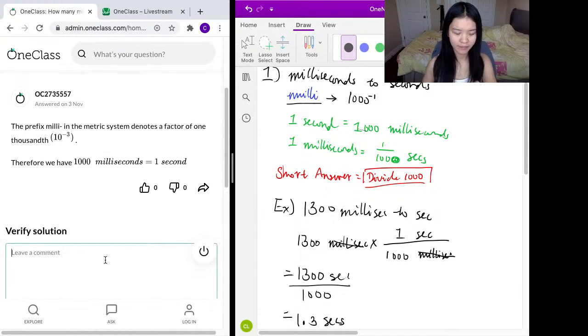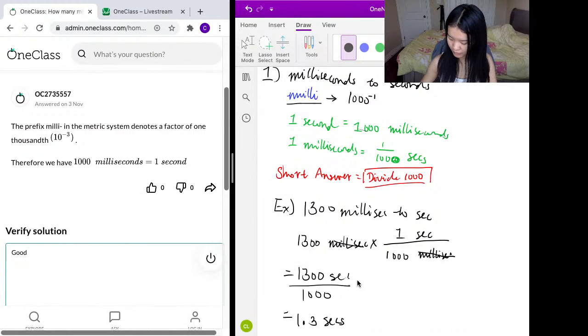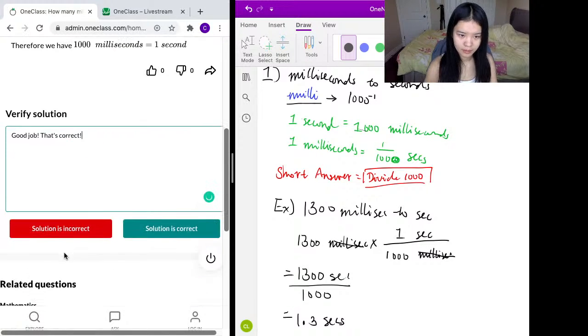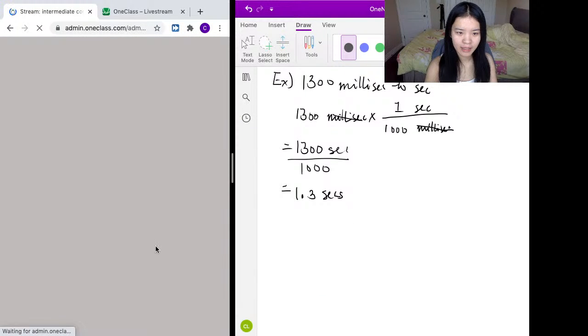So let's just say, good job. Don't know what's wrong with the mouse. Good job. That's correct. Solution is correct. Okay, now let's move on to our second problem.